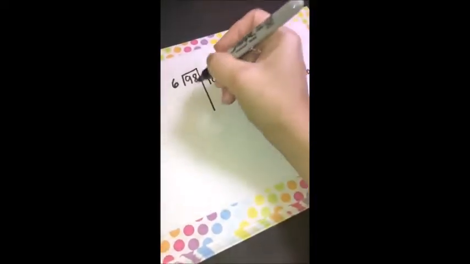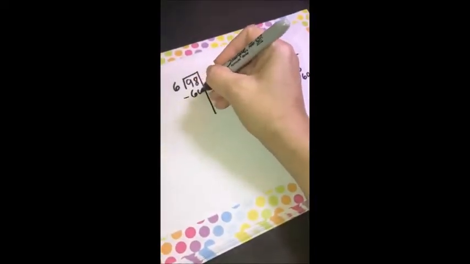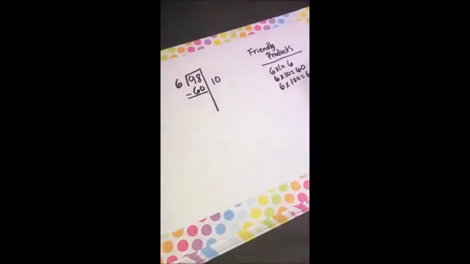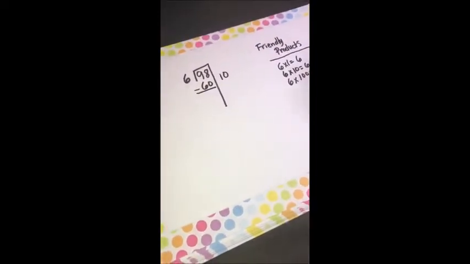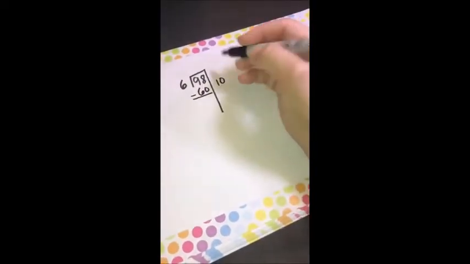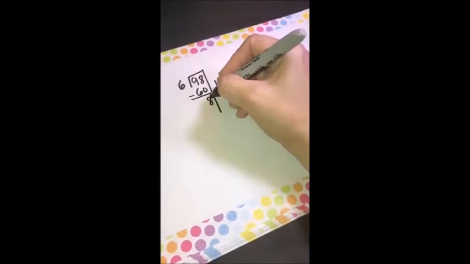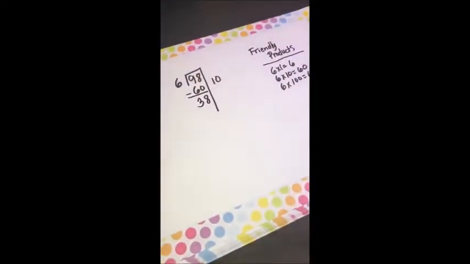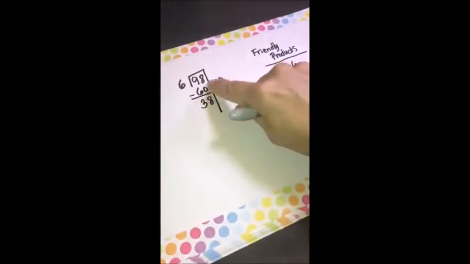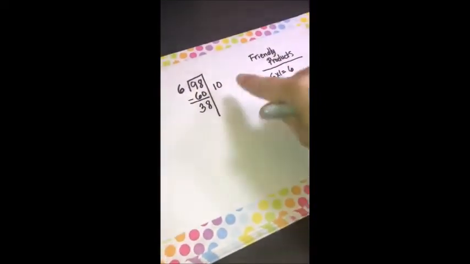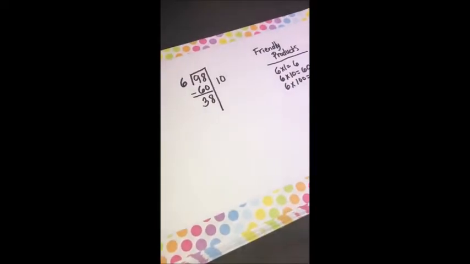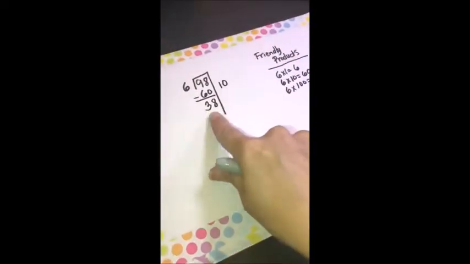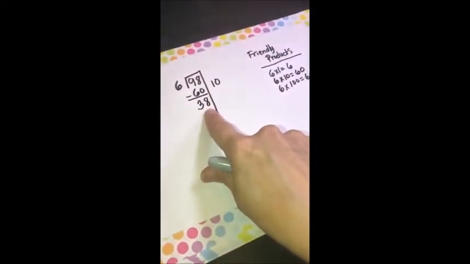So I'm going to take 60 away from the 98 and subtract that. 8 minus 0 is 8, and 9 minus 6 is 3. Okay, so now I have subtracted the 60 from the 98, and I was able to put 10 in each group. And now I'm going to say, well, here I have 38 now.